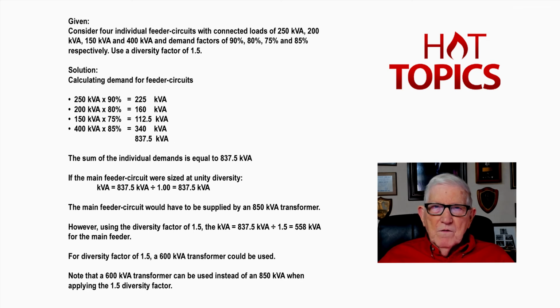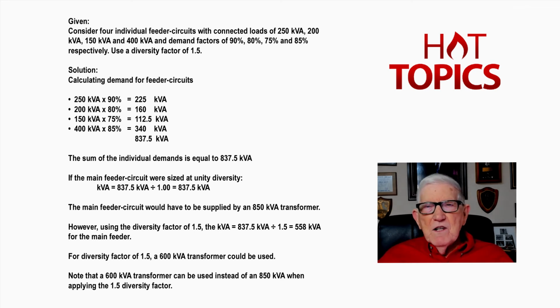That would be your diversity factor from the McGraw-Hill Electrical Engineering Handbook, and we'd come up with 558 kVA for the main feeder. Now, with the diversity of 1.5, we could use a 600 kVA transformer instead of having to use the 850 kVA by using a diversity factor.